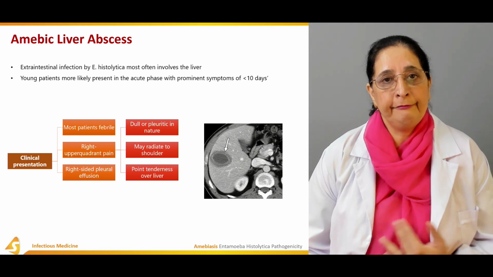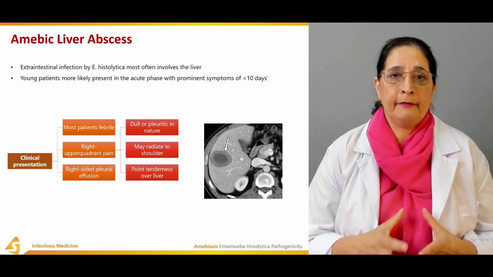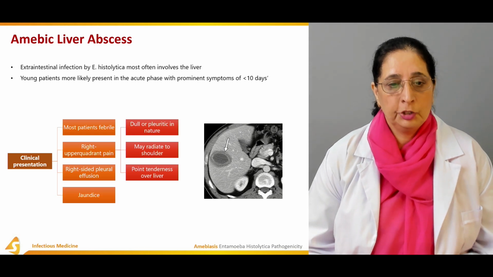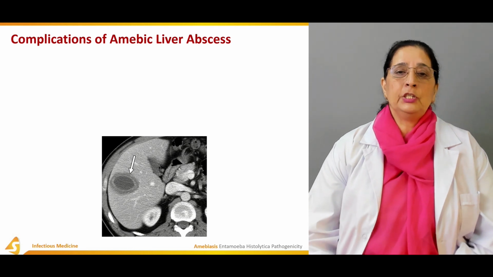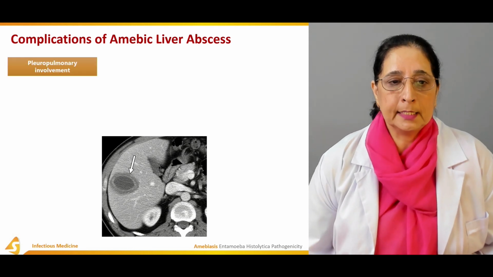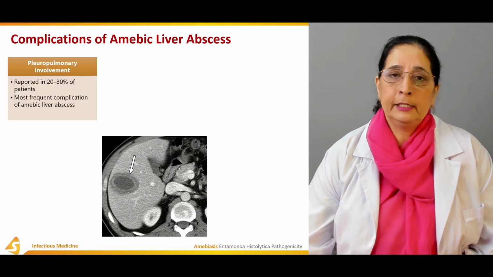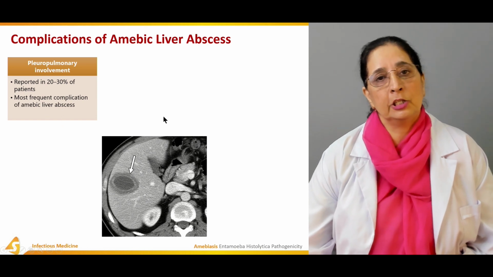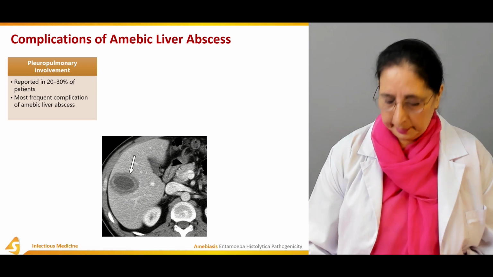Right-sided pleural effusion is present due to spread of infection to the lungs. Jaundice can also develop. Complications of amebic liver abscess: pleuropulmonary involvement in 20 to 30% of patients. The most frequent complication of amebic liver abscess is pleuropulmonary involvement.